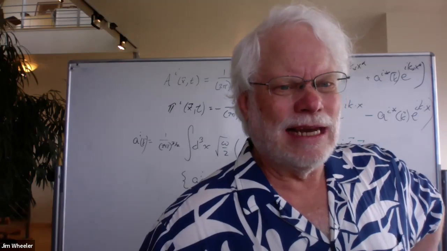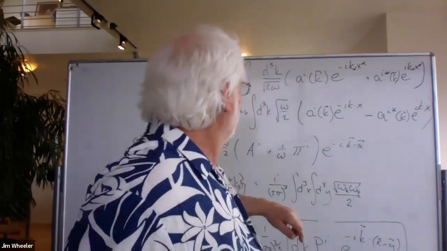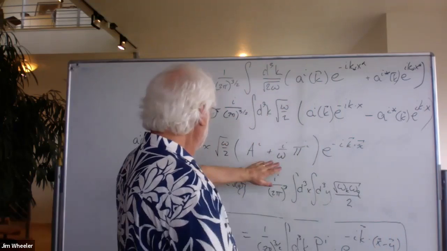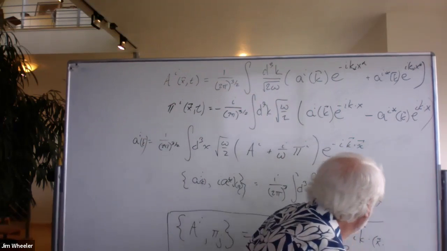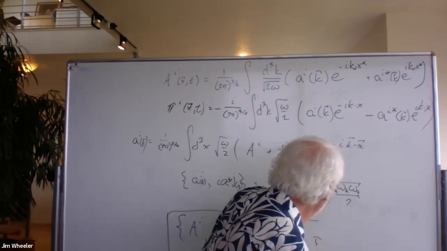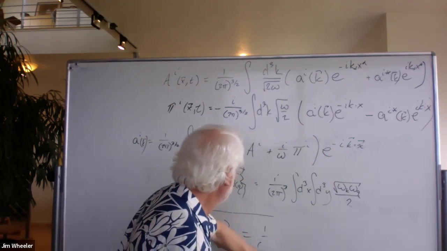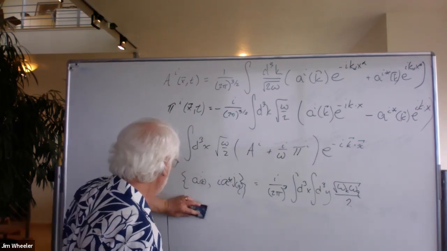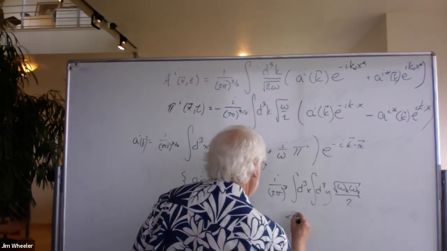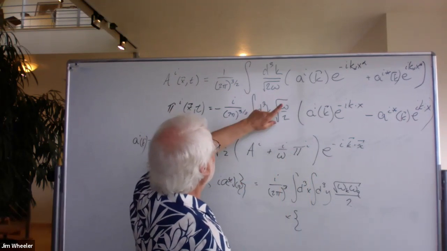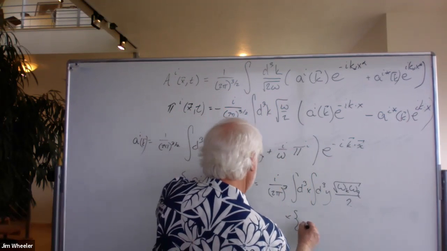And then we have to take the commutator of this thing with its conjugate. So times the bracket. And let's see, where is it here?